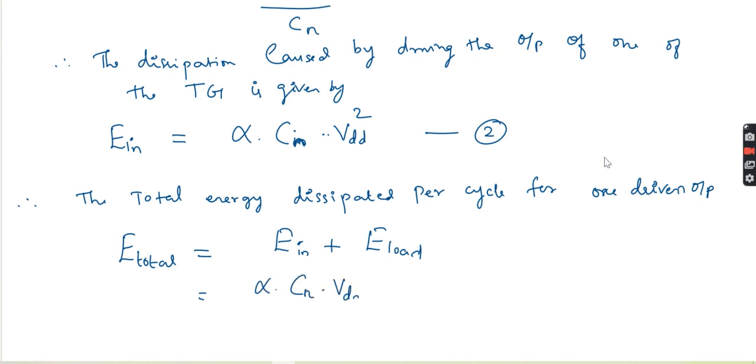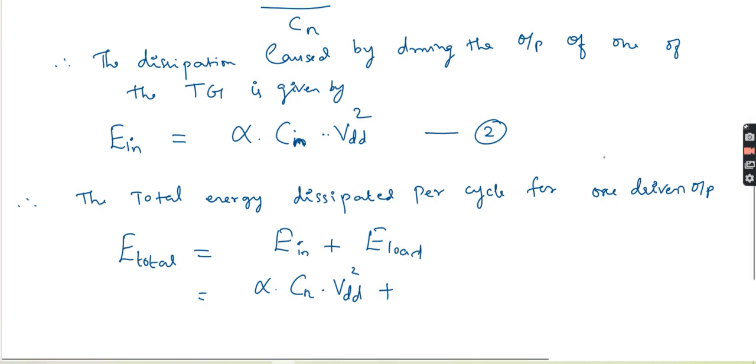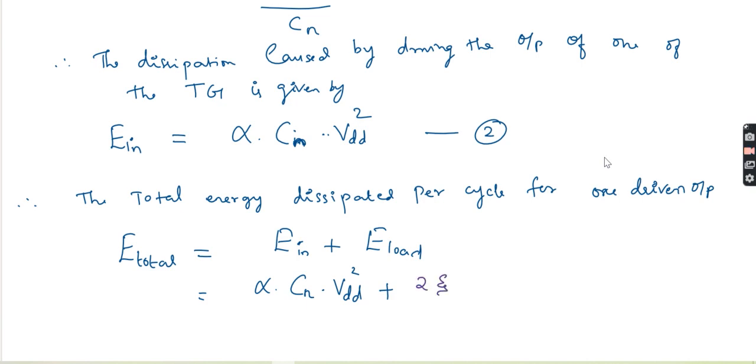alpha Cn into VDD square. But now what about the load? The load is nothing but what we already wrote previously. I hope you remember, because of the on resistance. If both the transmission gates are on, then the load will be, what is the load? The load will be 2 times psi into tau 1 by T into 1 divided by m minus 2, then Cl divided by Cn into Cl into VDD square.